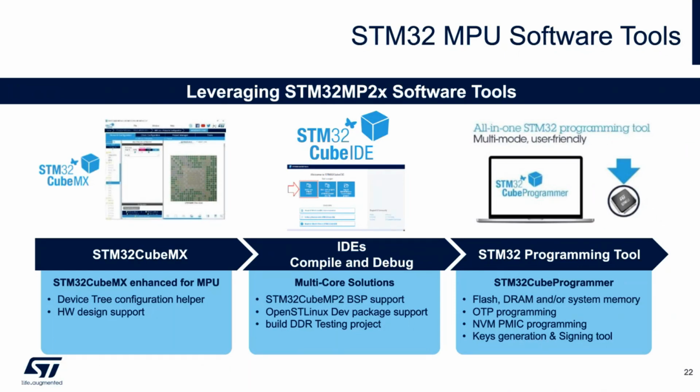So you can use CubeMX to configure your chip, the STM32MP2. And after, you start working with the device tree, and you can use the device tree to configure the kernel. CubeMX is a tool that is useful also for hardware design, because when you assign a functionality to a pin, you understand what you can do with this product or your board.